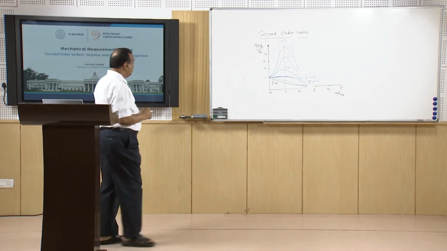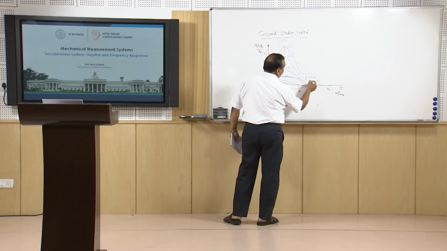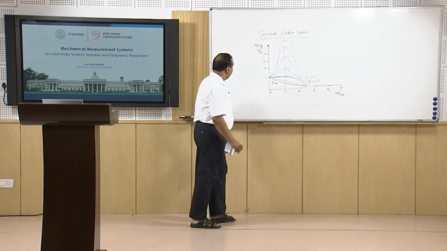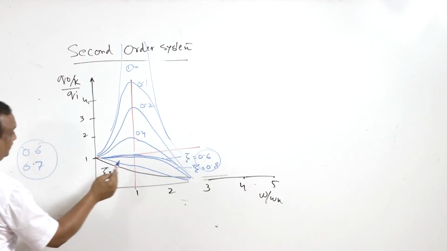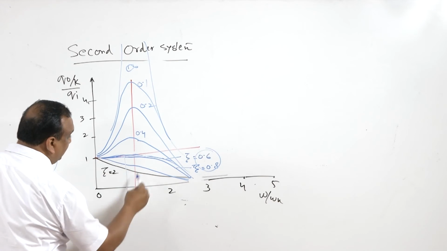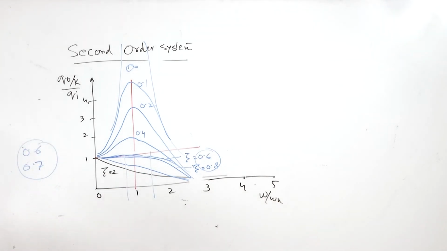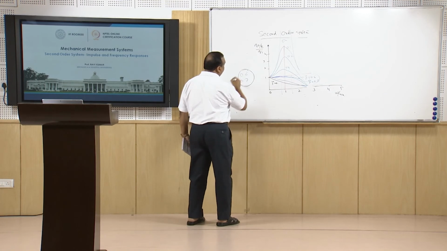Now we can see that between 0.6 to 0.8, in fact actually between 0.6 to 0.7, we get this almost flat somewhere here. More frequencies are available. That is why I stated earlier also, while choosing a measuring instrument, we should look for a damping ratio between 0.6 to 0.7.